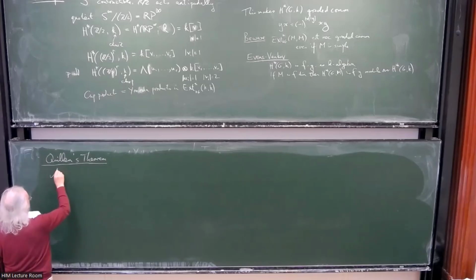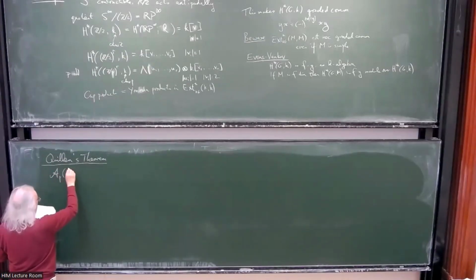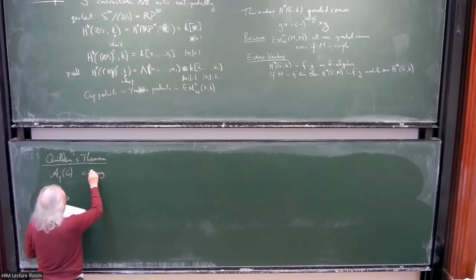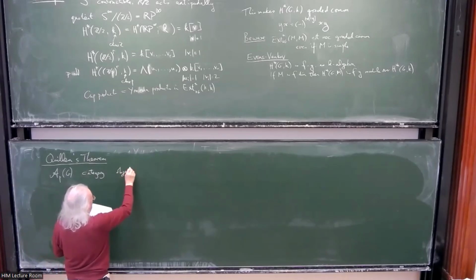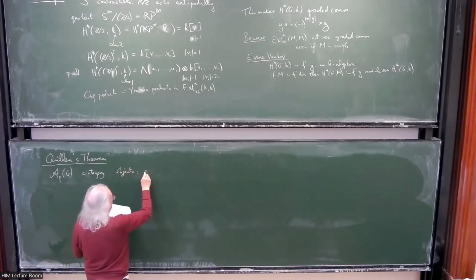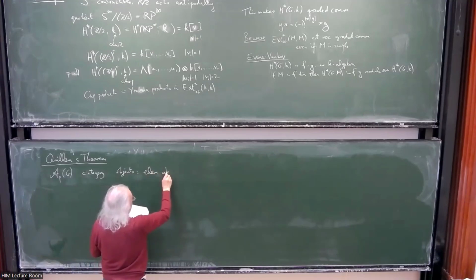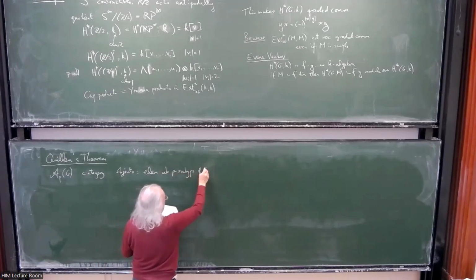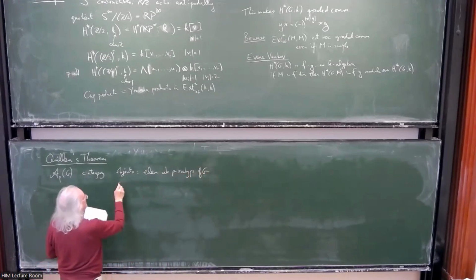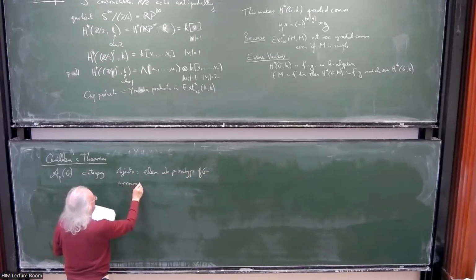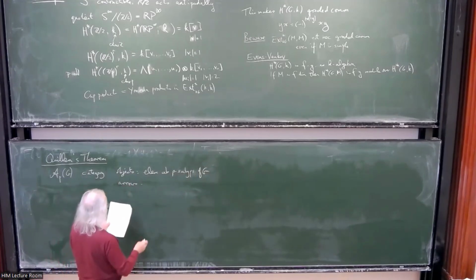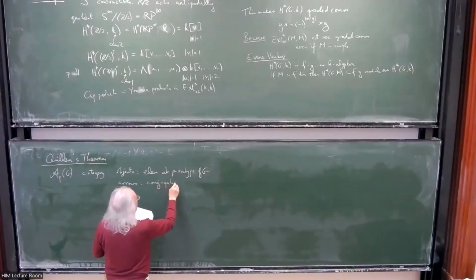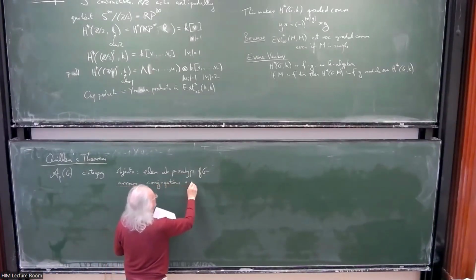Let's write A sub p of G for the category whose objects are elementary abelian p subgroups of G, and whose arrows are given by conjugations composed with inclusions.